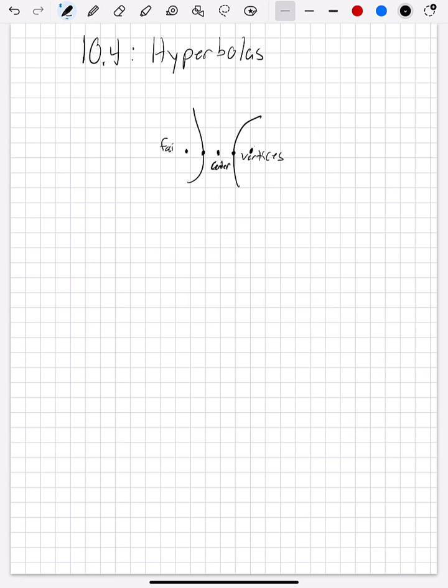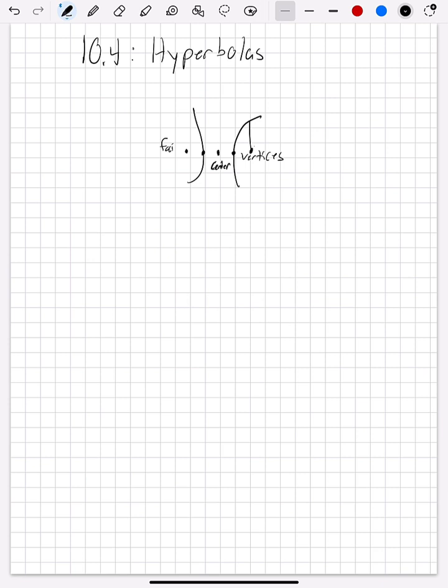All right, and where the foci come from, let me rephrase that, how this thing is set up or generated is if we create a triangle with the focus.